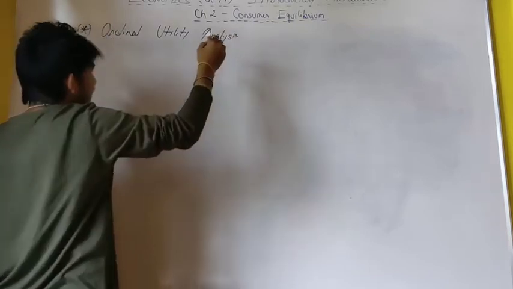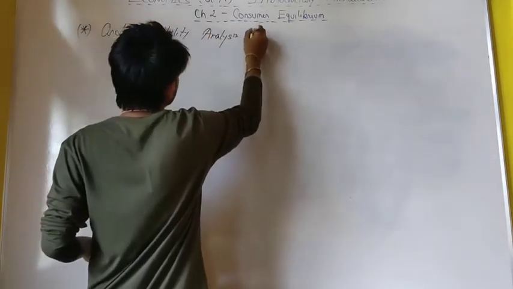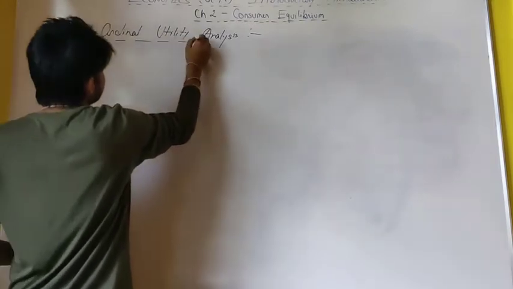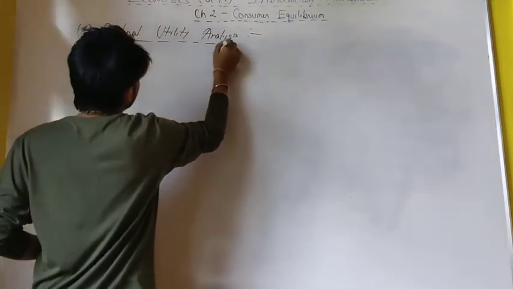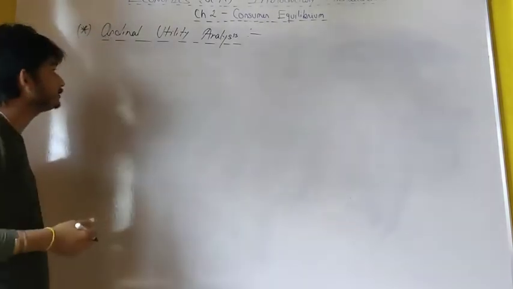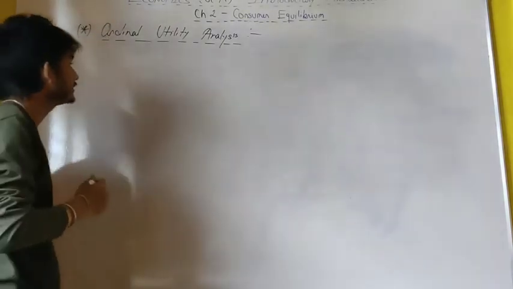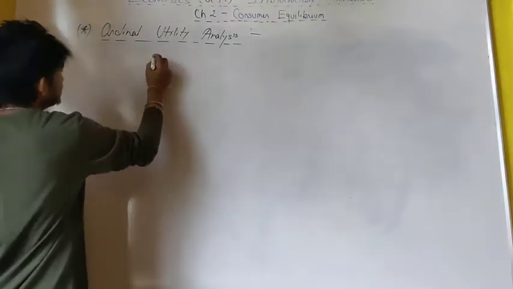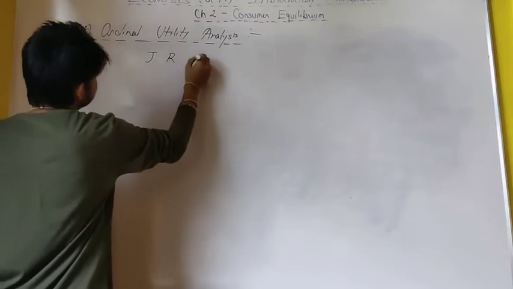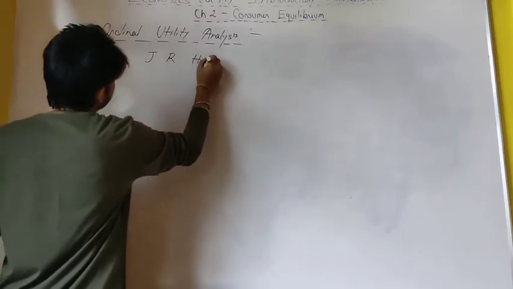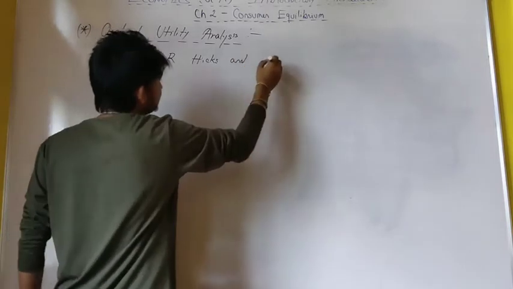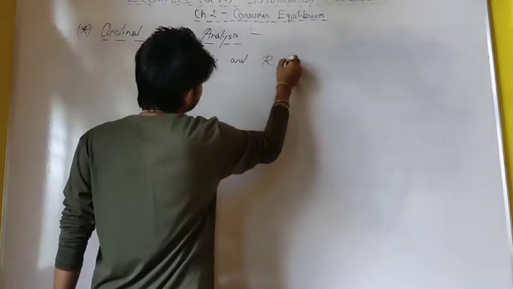Well, the ordinal utility analysis is a much stronger concept than the cardinal utility analysis. The ordinal utility analysis was formulated by two modern economists, J.R. Hicks and R.G. Allen.